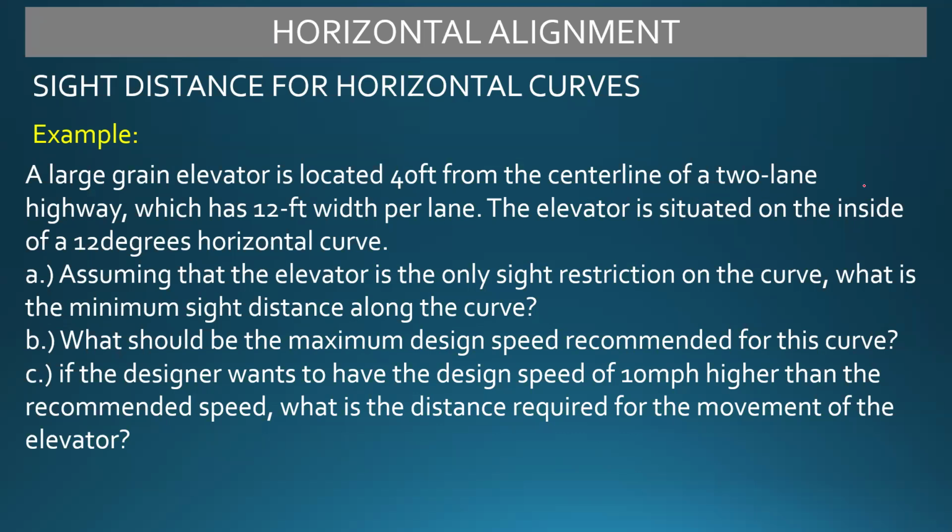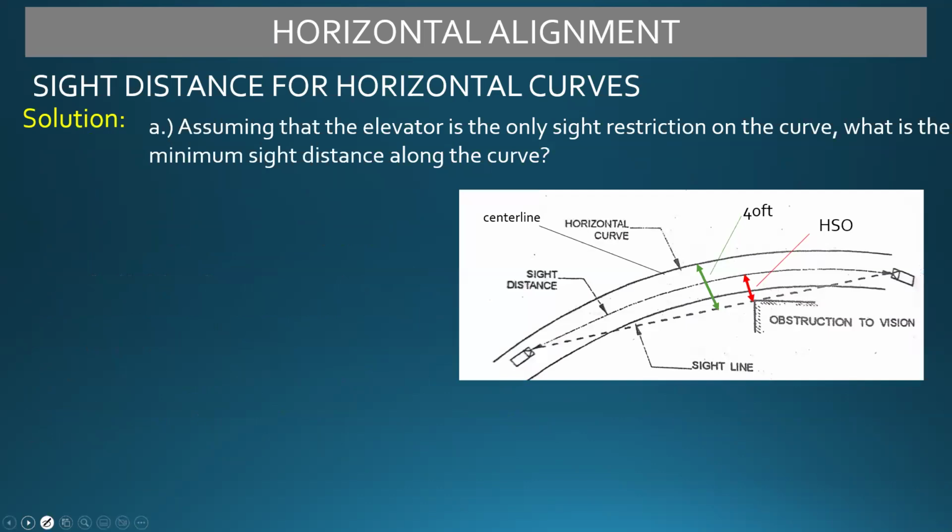So possibly a two-lane highway, one lane per direction. So it is 40 feet away. So possibly this is our HSO value. And the width per lane is 12 feet. Okay? So let's solve. That's the first, assuming, let's solve for the sight distance.